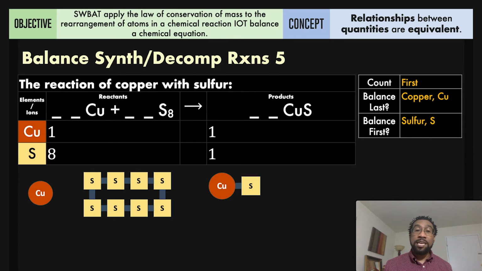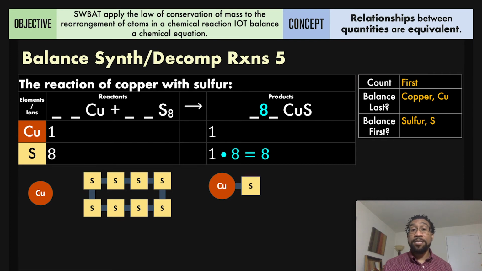I have 8 sulfurs on the left side, which is the reactant side, and I have 1 on the product side. What number do I need to multiply the product side by to get 8? Well, I'm going to multiply by 8. And because this copper is attached to the sulfur as well, that means everything has to be multiplied by 8.